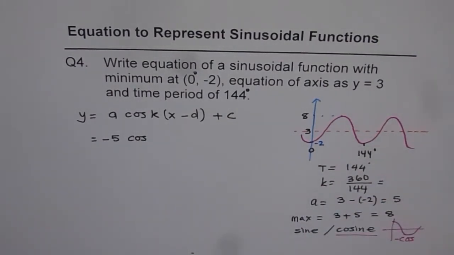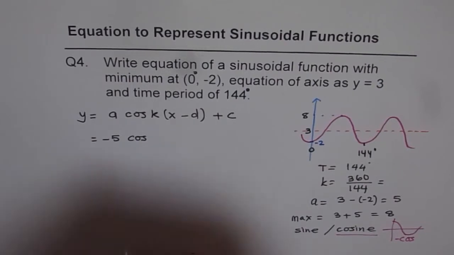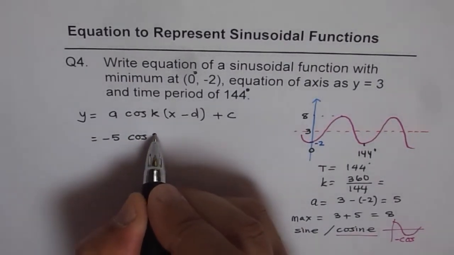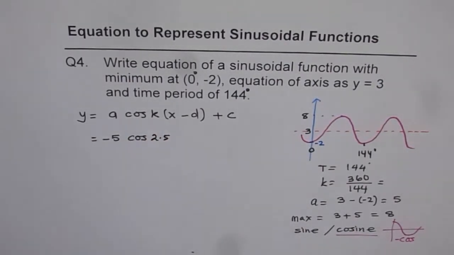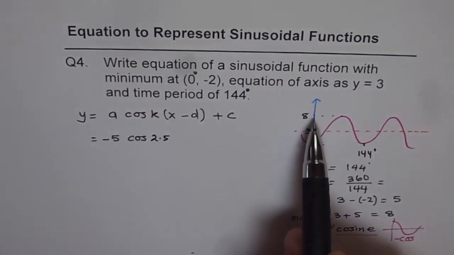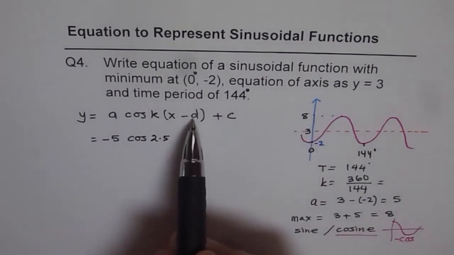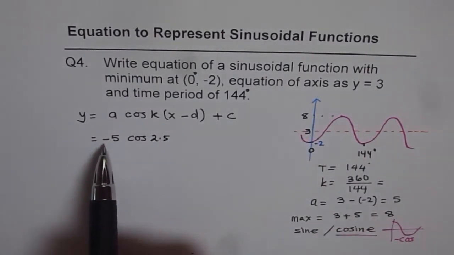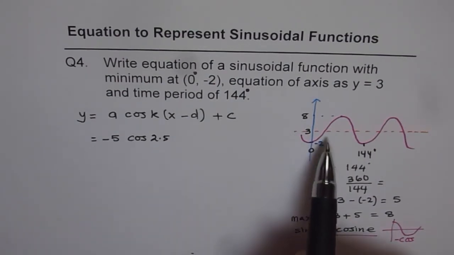We can use a calculator, divide it, and write it as a fraction. So we have 360 divided by 144. That gives us 2.5, which is 5 over 2 or 2.5. Either way, let's write 2.5. Now since we have started with an extreme value, d is 0 for us, and we have taken care of the phase shift with the minus, as if it is reflected on the x-axis.